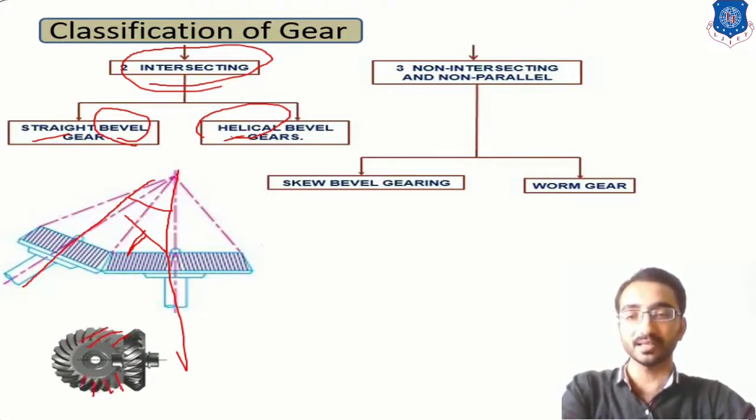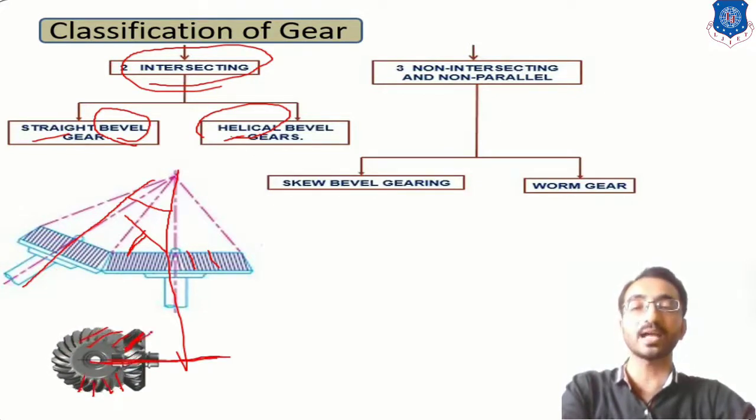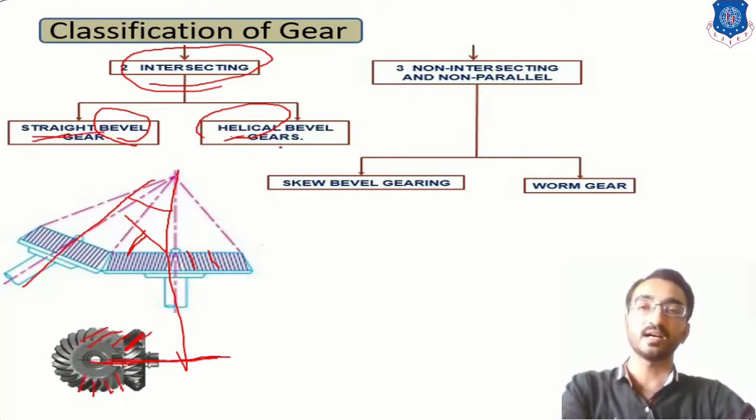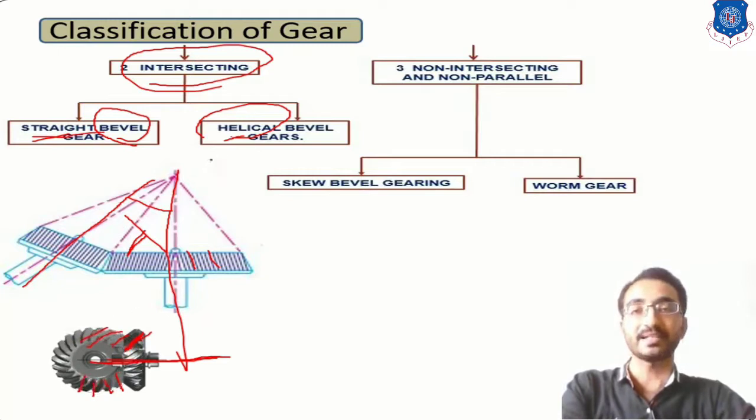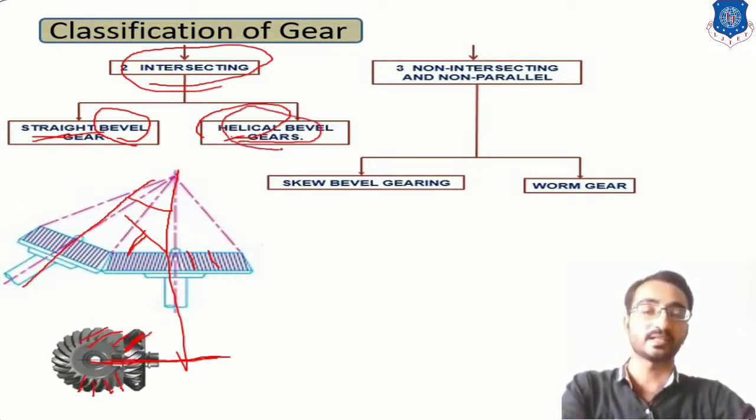In this case, if the profile is straight, that is parallel to the axis of the shaft, we can simply say that the plane of the shaft and the plane of the teeth are parallel, then it is termed a straight bevel gear. Otherwise, if it is inclined, it is termed a helical bevel gear.